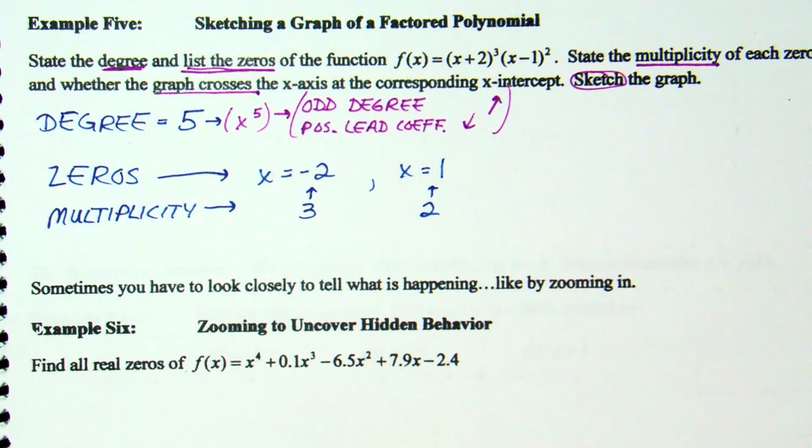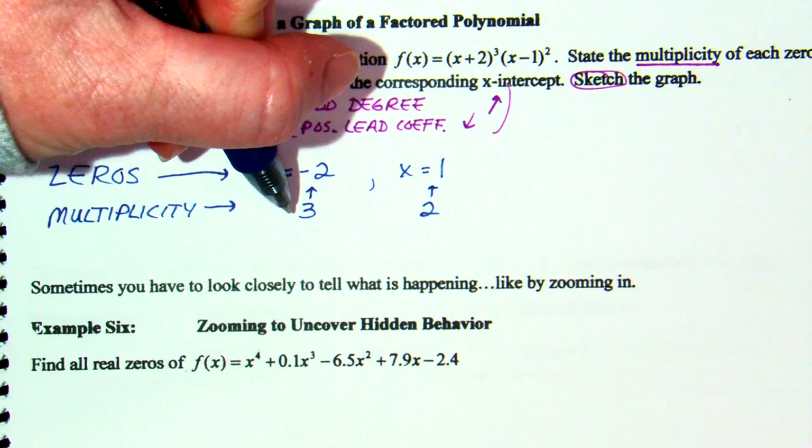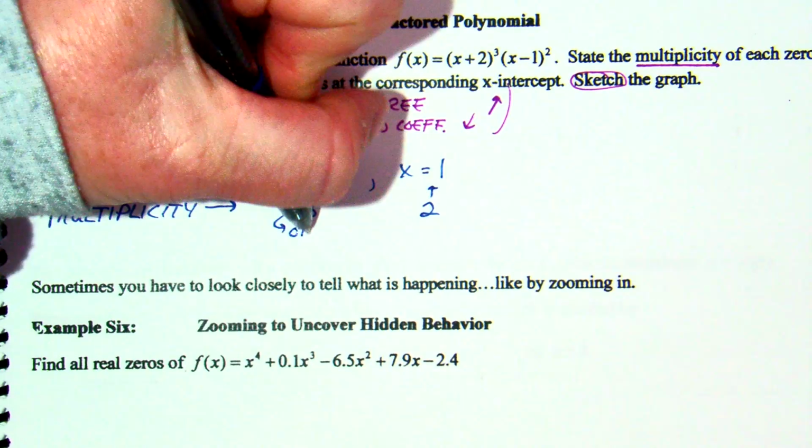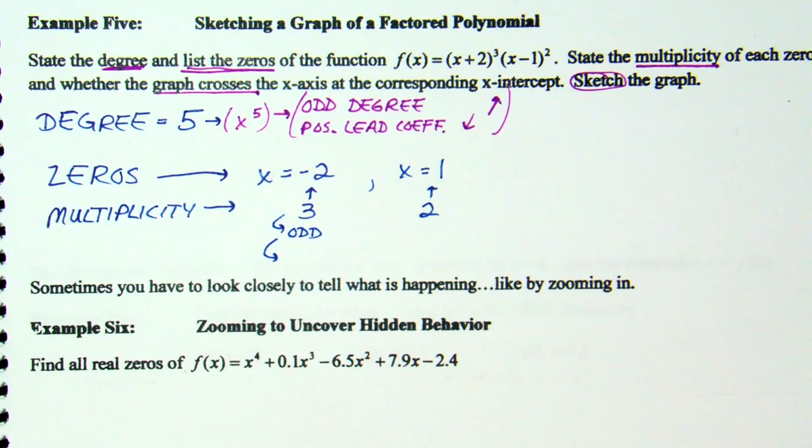Now, I talked about it earlier. Because negative 2 has a multiplicity of 3, is 3 even or odd? Okay, so 3 is an odd multiplicity. When the multiplicity is odd, are we going to cross through the x-axis or touch the x-axis?